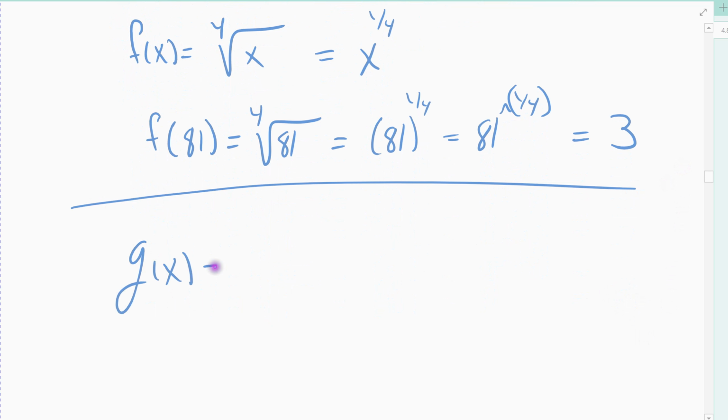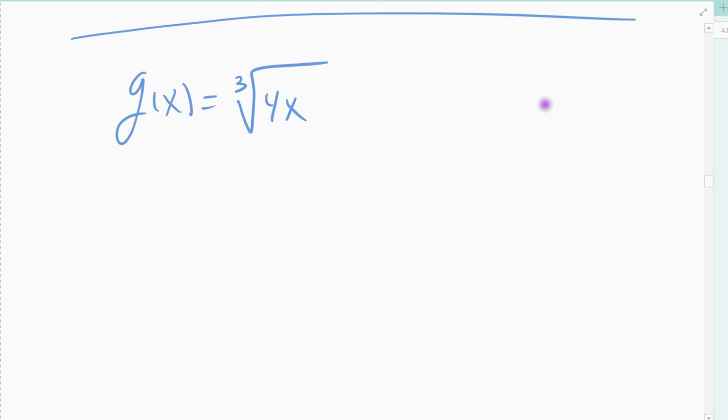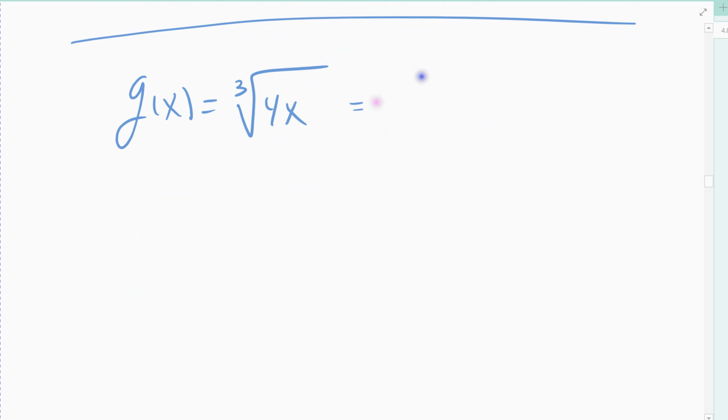So g of x equals the cube root of 4x. Let's write that better. Again, this is a radical function, right? It involves a root. Sometimes it's easier, especially if we're going to graph this, to rewrite it like this.